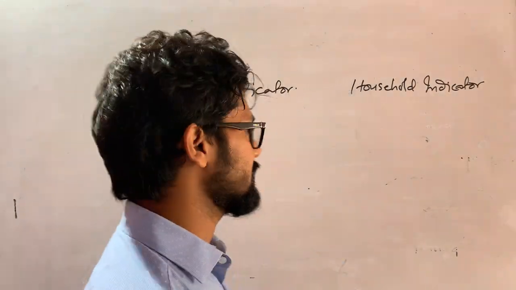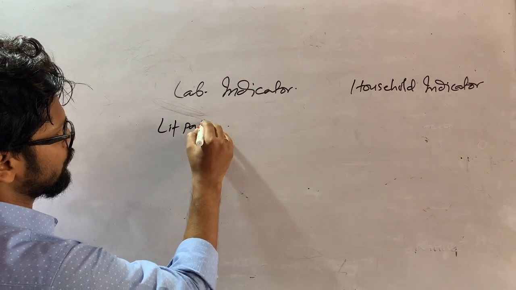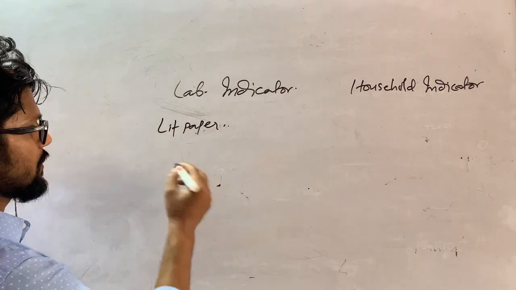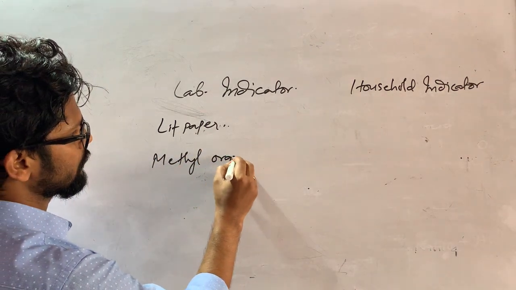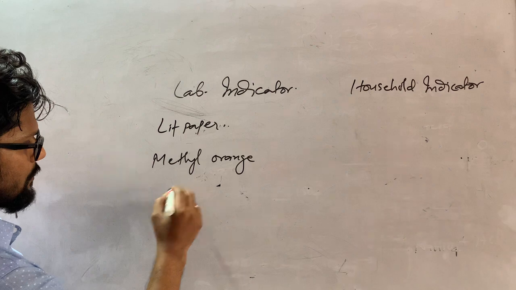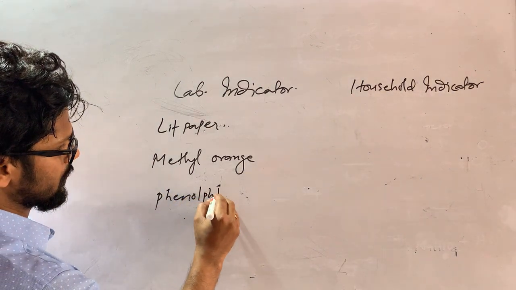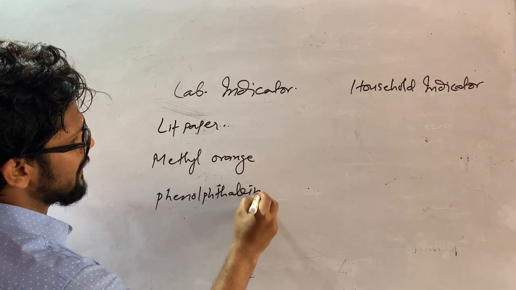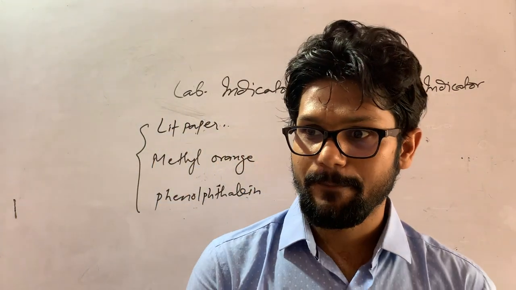In laboratory indicators we use litmus paper, methyl orange, and one more, phenolphthalein. These are called laboratory indicators.